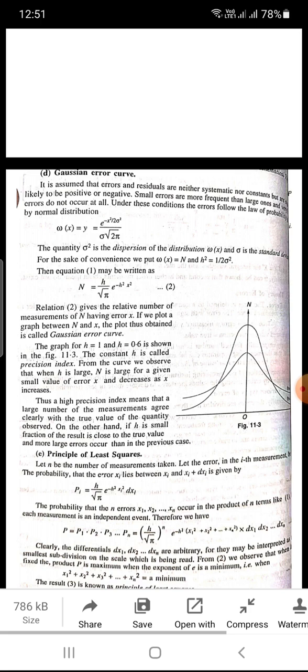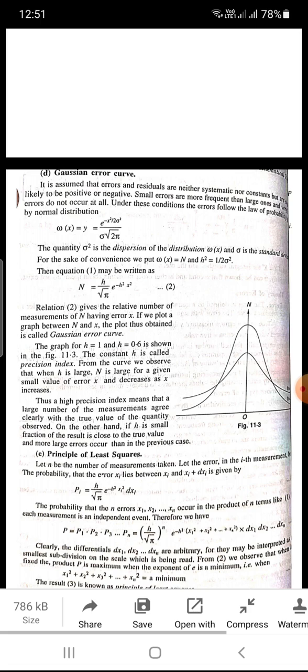The probability that the n errors x1, x2, x3 up till xn occur is the product of n terms, that is one for each measurement, as they are independent. Thus we have P is equal to p1 into p2 into p3 up till pn, which is equal to h upon under root pi to the power n into e raised to minus h square times x1 square plus x2 square up till xn square, into dx1 dx2 up till dxn.